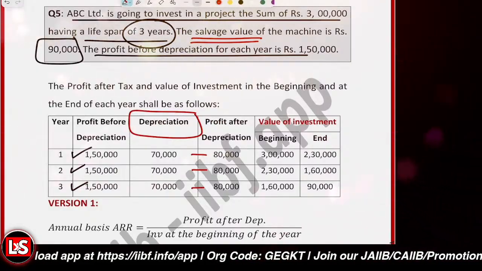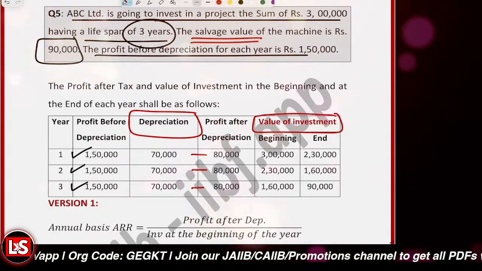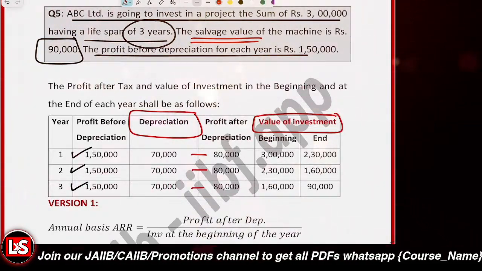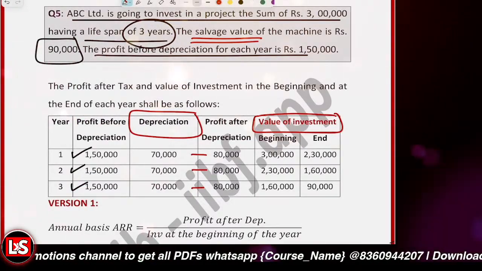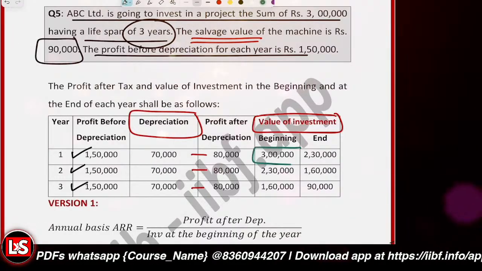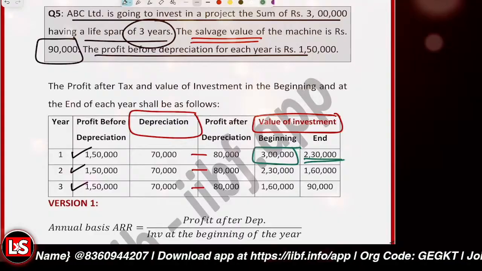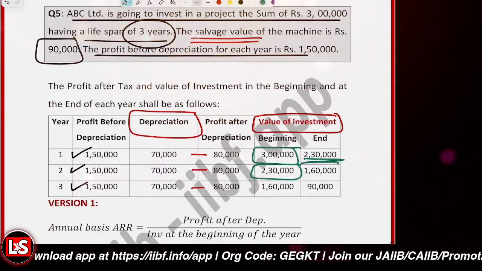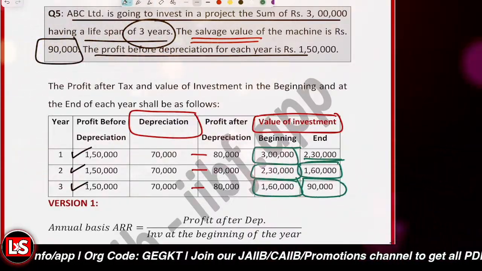Now we are looking at the value of investment in the beginning and in the end. 3 lakh rupees was invested, and at the end of the first year it remained 2 lakh 30,000 after depreciation. In the second year, it began with 2 lakh 30,000 and left only 1 lakh 60,000. Then depreciation is also charged for the third year, leaving 90,000.